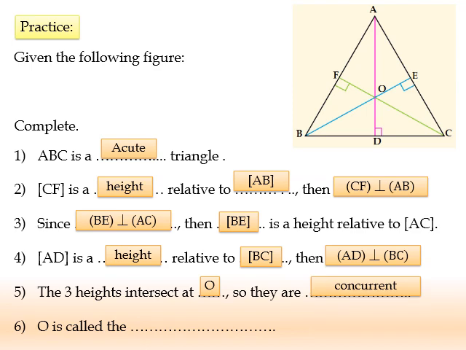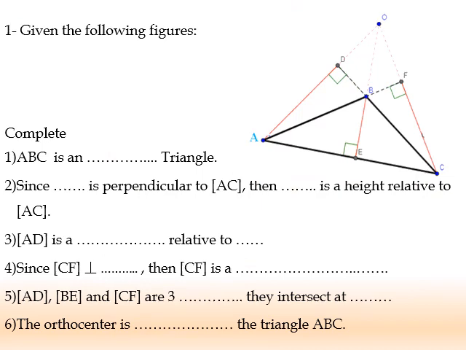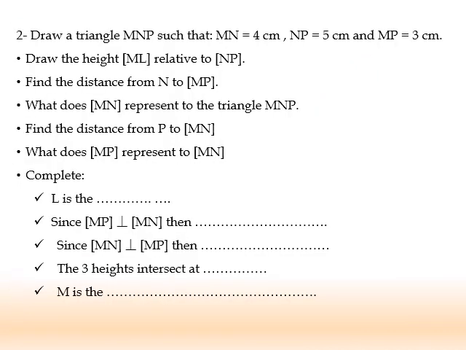Okay, concurrent, I mean more than two sides intersecting at one point. So what do we call the point of intersection of the heights? It's called the orthocenter.